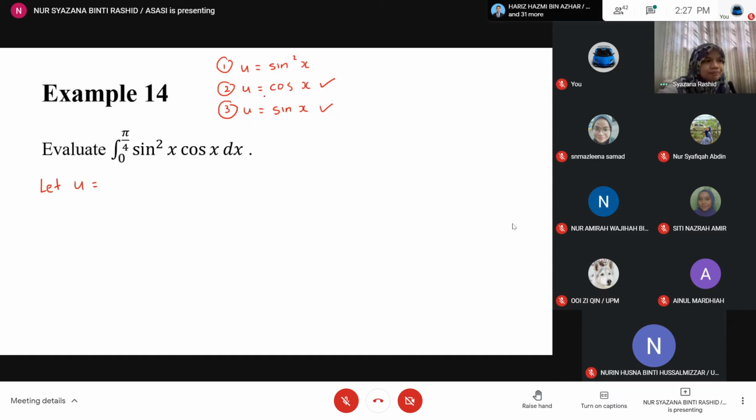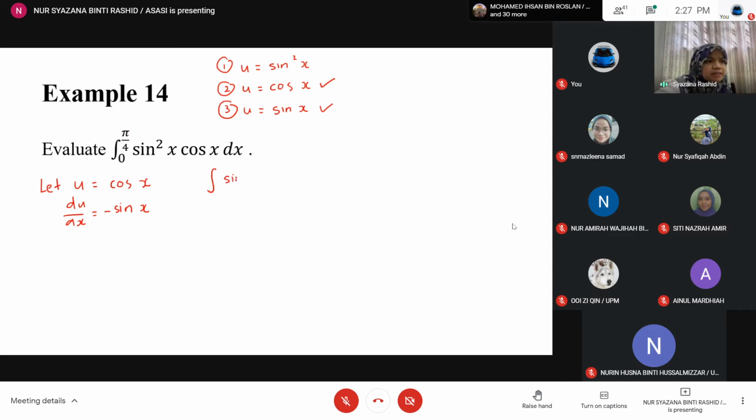Okay, now let's start with cos x. We'll differentiate this. Differentiate cos, I will get negative sine x. Now I start to change the form. Ignore the limit first.